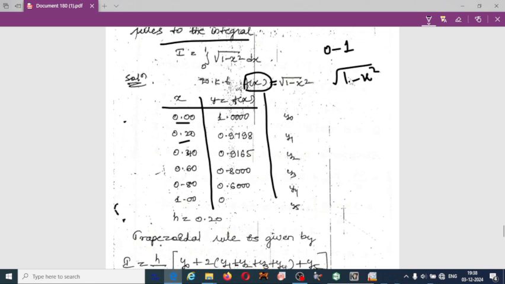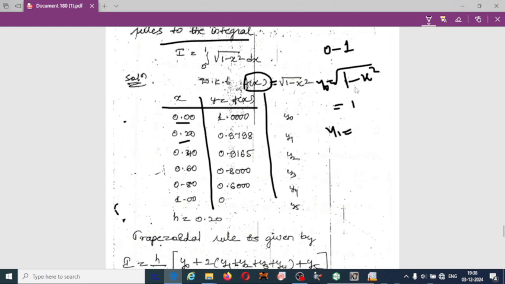So y0 value: first, x equal to 0, if you put, you will get 1. If you put x equal to 0.2, y1 value, you will get 0.2 square, 0.04.